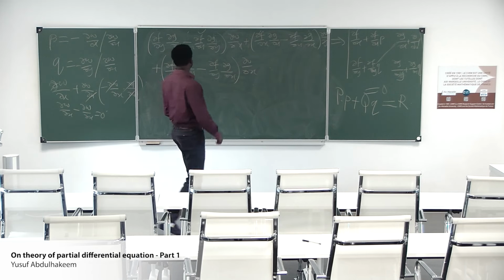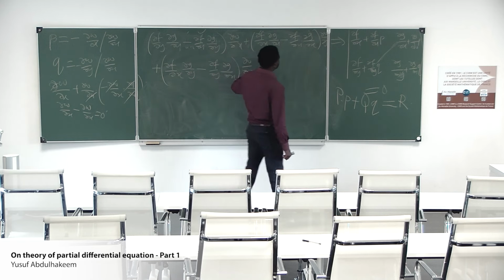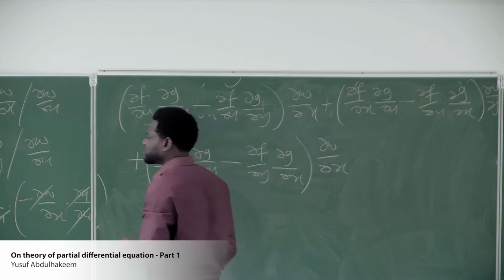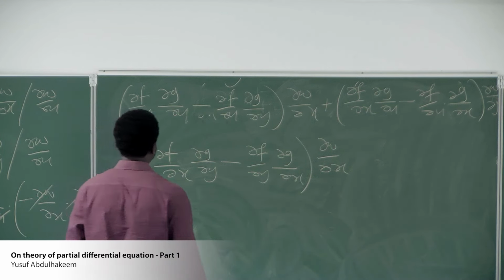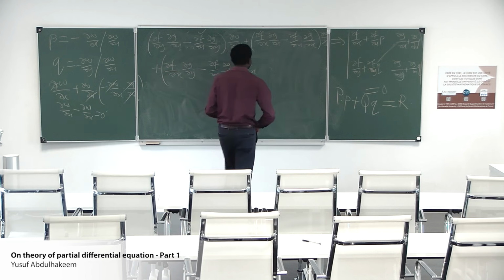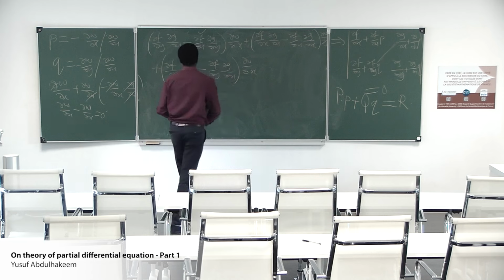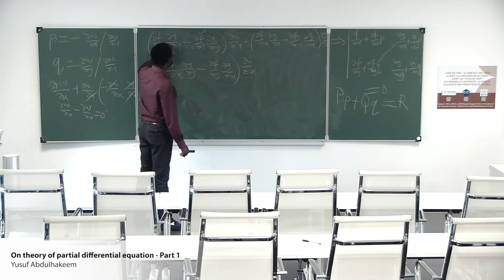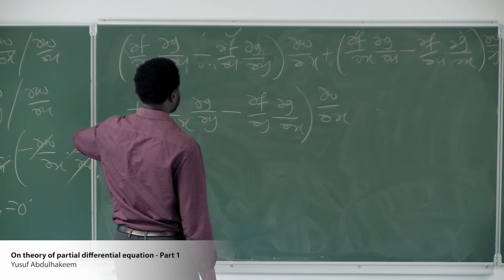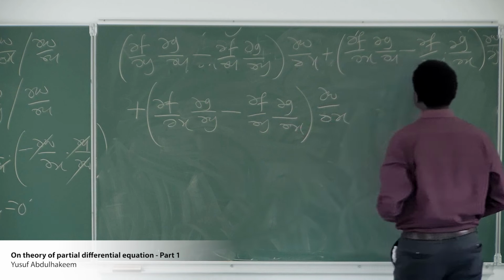By the time we expand this, we can see clearly that this is ∂ω/∂x, this is ∂ω/∂y here. So now we can just expand this and see what we are going to have. Let's see. Here, by the time we expand this, we can see we have ∂f/∂y ∂g/∂u multiplied by this.